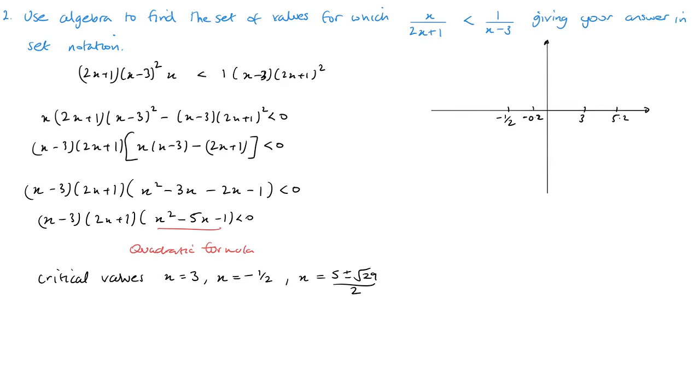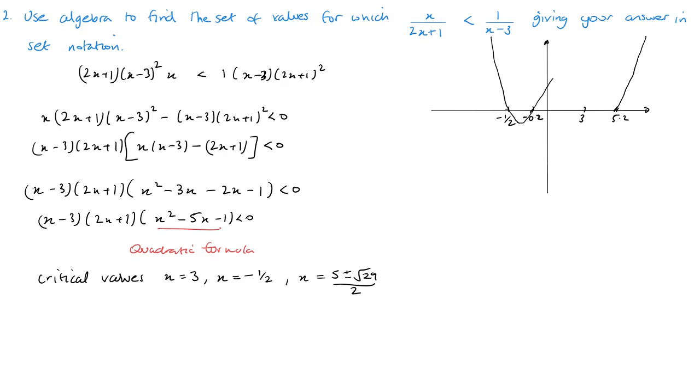Now this graph here, if I look at the x's, x times 2x times x squared is going to be positive. So it's going to be a positive graph. That means it's going to start coming down there and it'll be ending going up from the 5.2. So we're going to go down below and up to the 0.2.